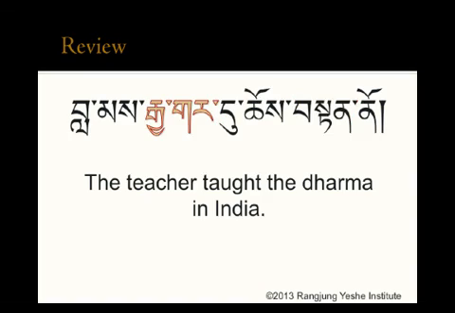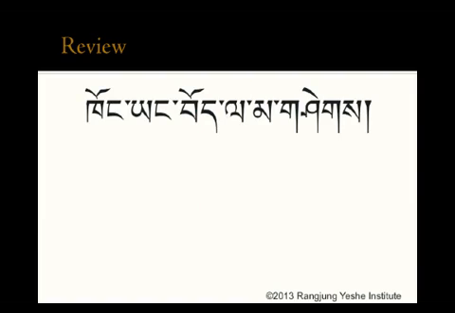Okay, how about this one? Kongyang bula ma shek. Shek means go or come, but it has a ma in front of it, which negates the action. So someone doesn't go or doesn't come. Who doesn't go? Kong, he or she.